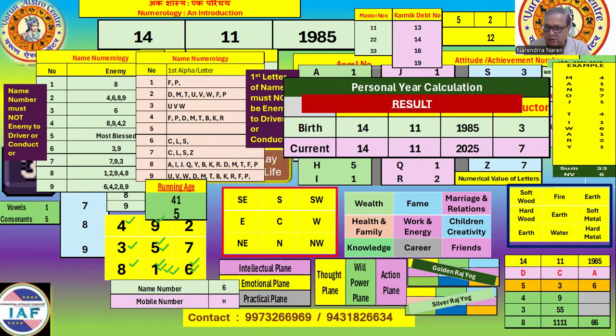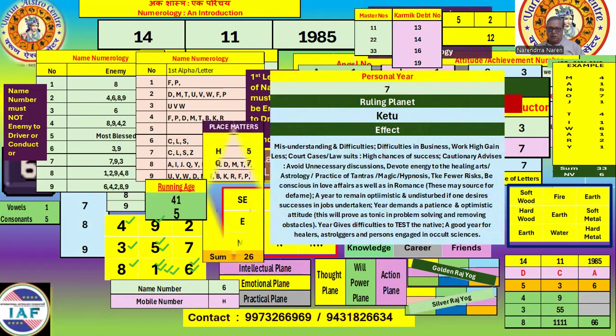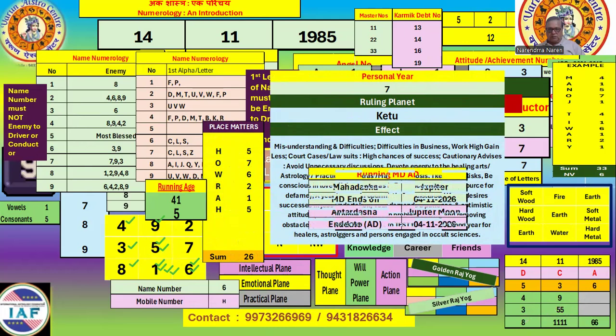He can enjoy it, but simultaneously he should be cautious, particularly in respect of health. Now the native is running the dasa. So Jupiter dasa is going on, and up to 4th 11 2026, the native will pass on to Jupiter moon.